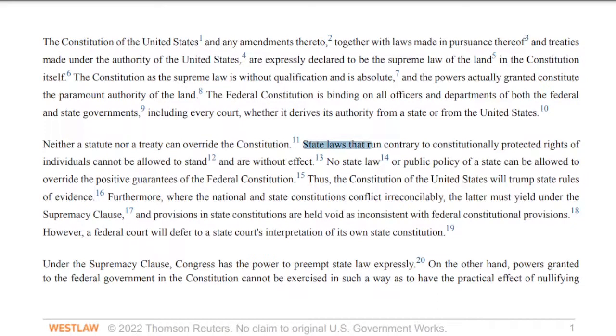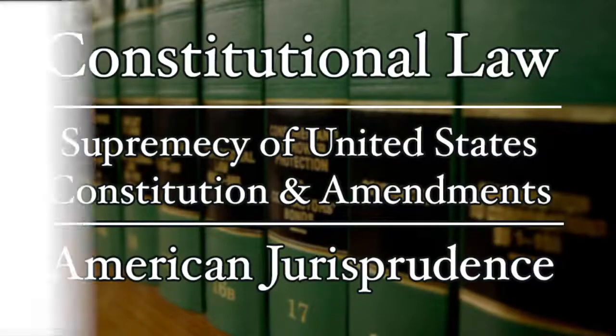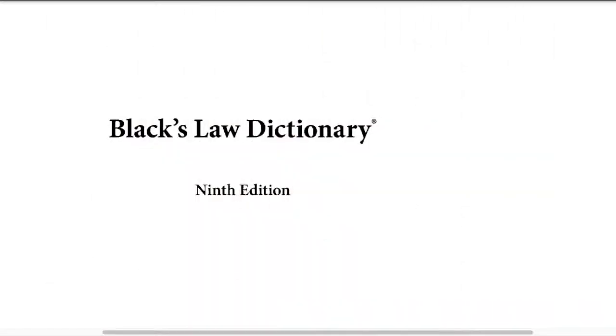State laws that run contrary to constitutionally protected rights of individuals. Individuals can refer to individual men and women, could be individual groups of people, companies, etc. too. So individual depends on a definition, and I believe in this context, which we could probably check with Black's just to make sure, because words like this can frequently be overlooked, and I'd like to not do that in this particular situation here.